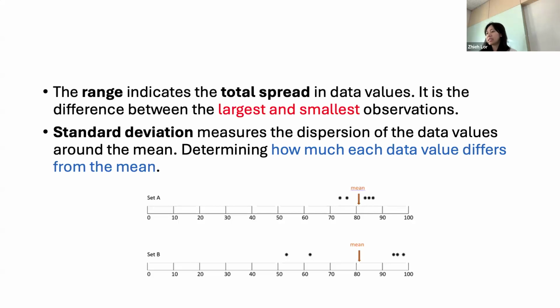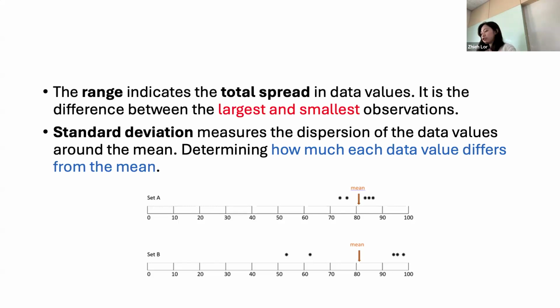And standard deviation is how much each value differs from the mean. We take the mean as the center. Let's say we have 50 people, and our average quiz score is 80%.